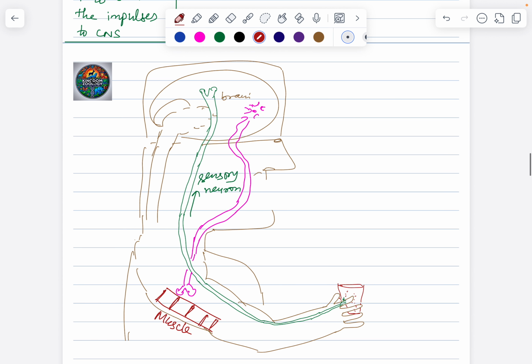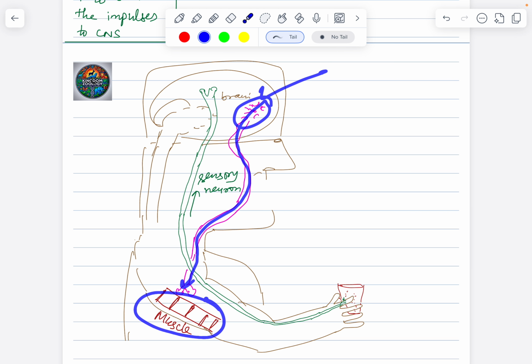So look at this neuron now, the pink one. What is it doing? It is transmitting the information from the central nervous system to a target organ. This type of neuron is called a motor neuron.